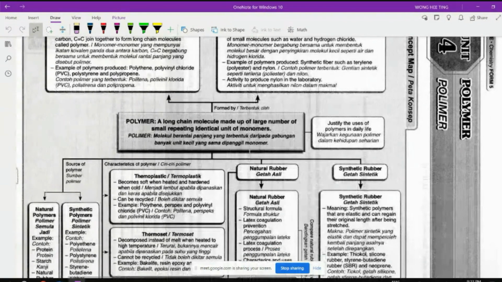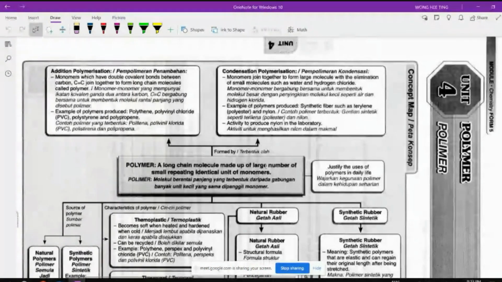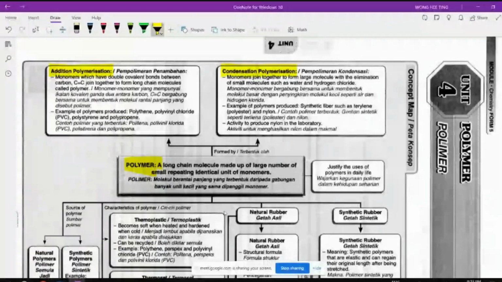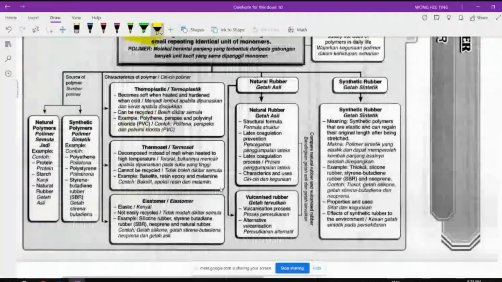What are we going to discuss under polymers? First, we are going to define what polymers are. After that, how to produce the polymers is polymerization. There are two types of polymerization to produce the polymers.